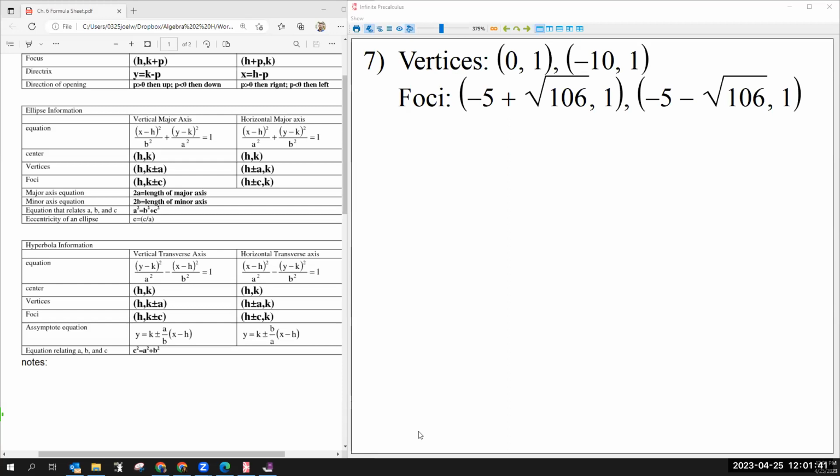Yeah, so it's the X value that's changing in both the vertex and the foci, so it's horizontal. Yes, we can look at it and figure out H and K. Where do we get H and K from? K is 1. Okay, so our foci, because it has a square root in there, tells us pretty easily our H and K. So that's our center.